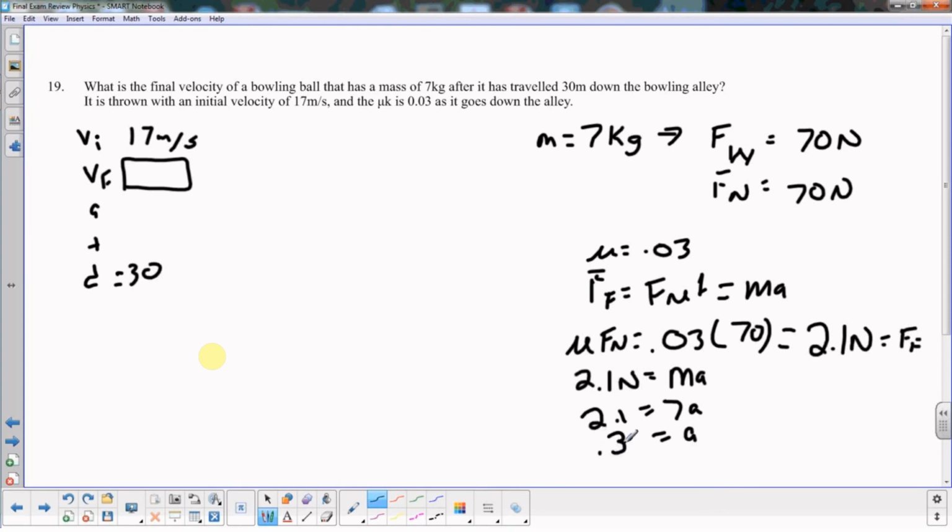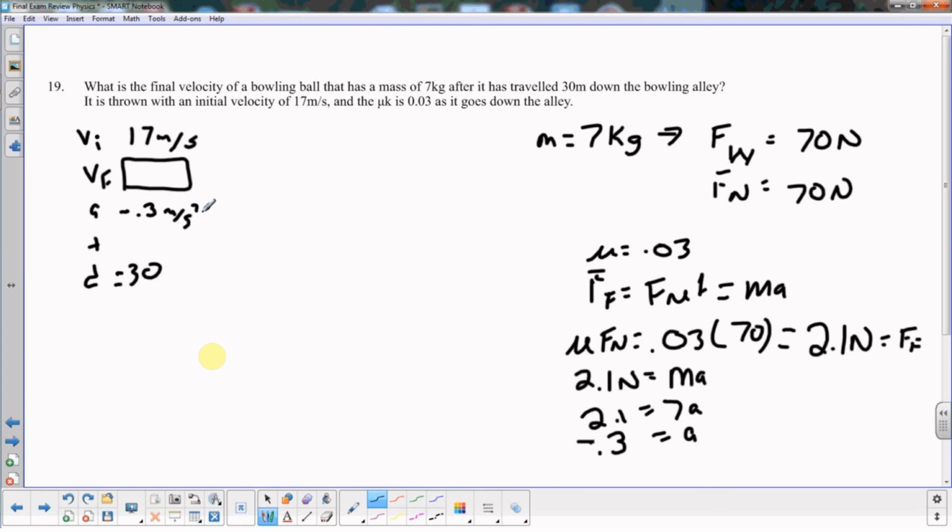Now, here's where you guys screwed up in the exam. This is friction. 0.3 meters per second squared, slowing down. So again, the acceleration is negative 0.3 meters per second squared.